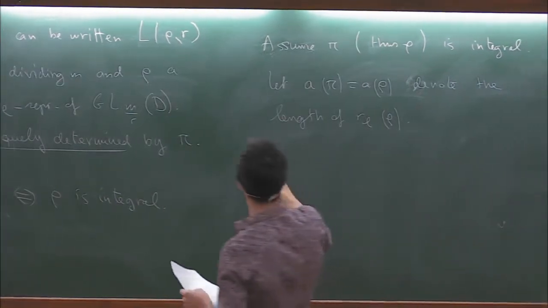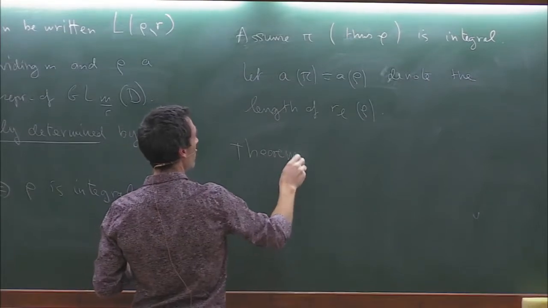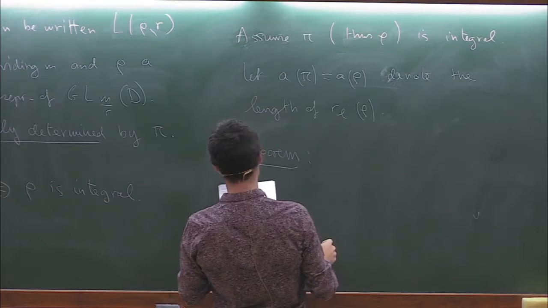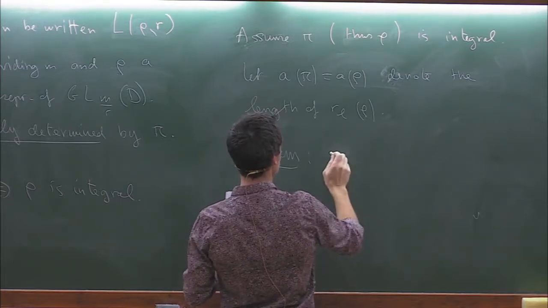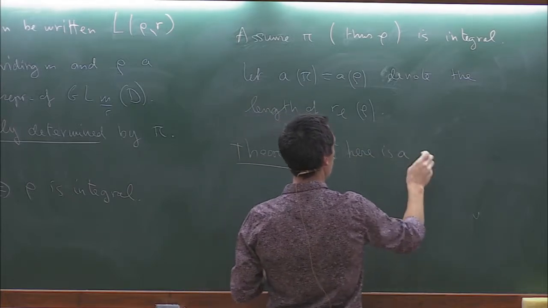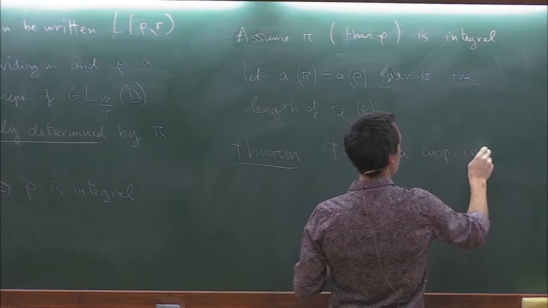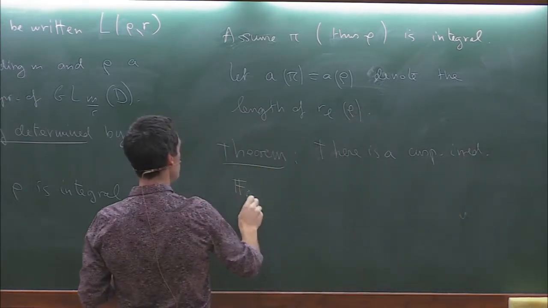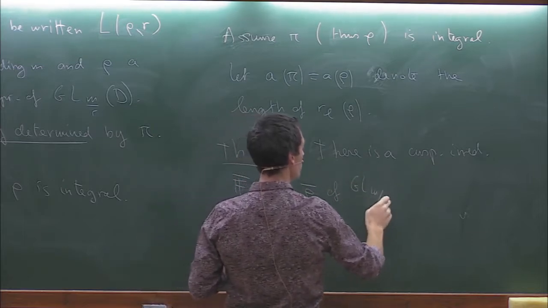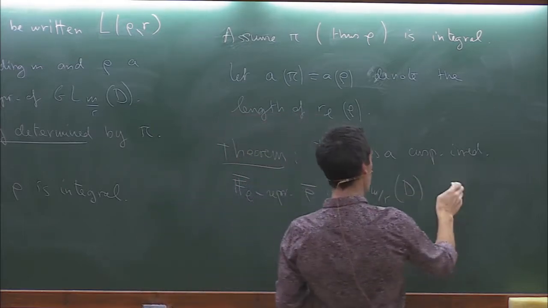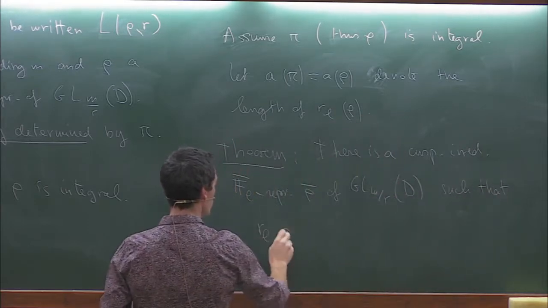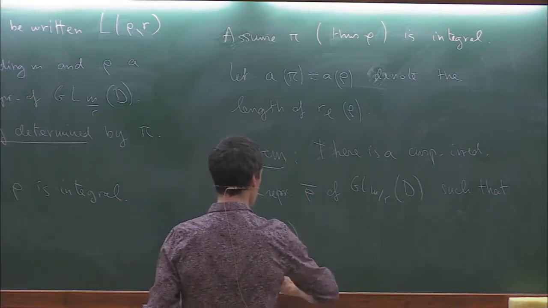So we have the following formula. There is a cuspidal irreducible F_L bar representation rho bar of GL_m over r of D, such that the reduction mod L of rho is given by the following formula.